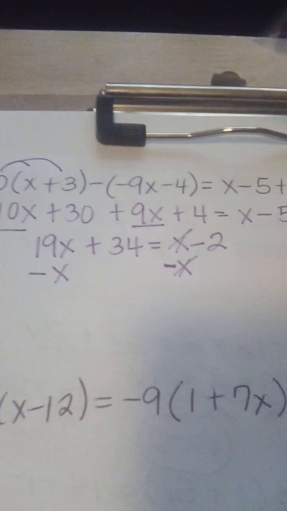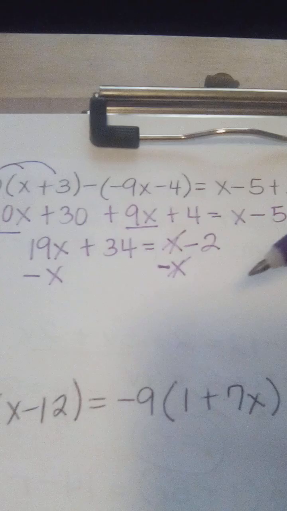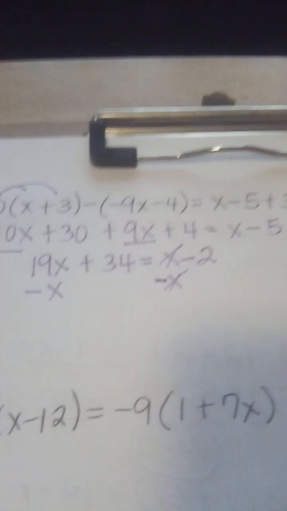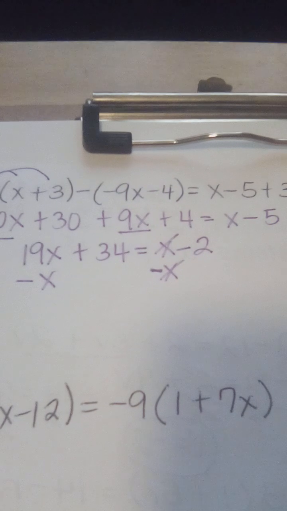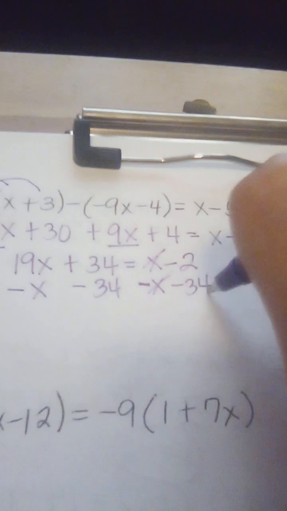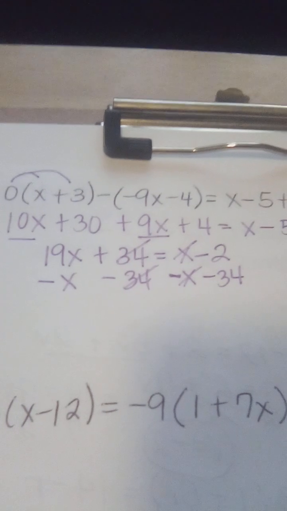This will cancel out. So far, so good. Then over here, do we add or subtract 34 to both sides? We subtract 34. So far, so good, right? It looks a lot better, right?